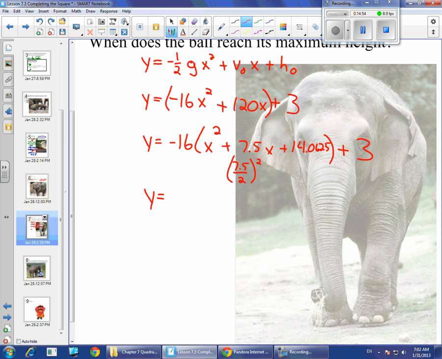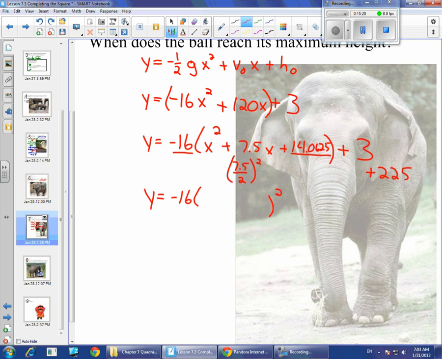Okay, and now I can factor the set of parentheses anyway. Oh, sorry, skipped one step. If I add on this 14.0625 on the inside of the parentheses, technically that's 14.0625 times negative 16, which if you multiply that out is negative 225. So to compensate for that, I have to add 225, and then I can rewrite it.